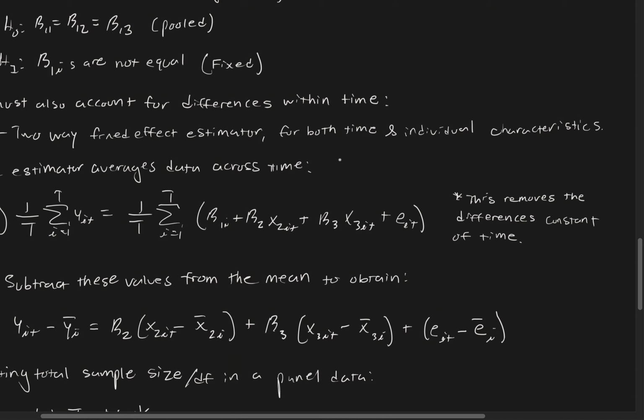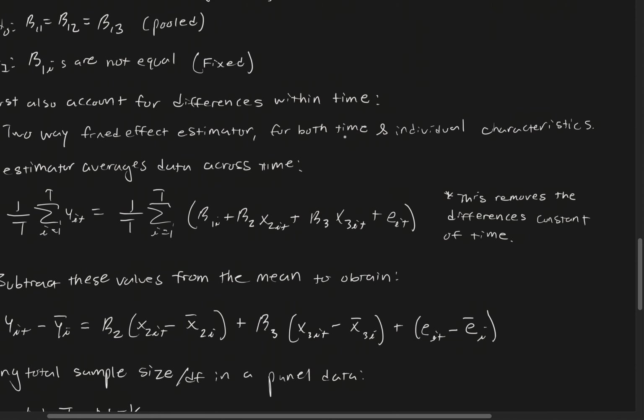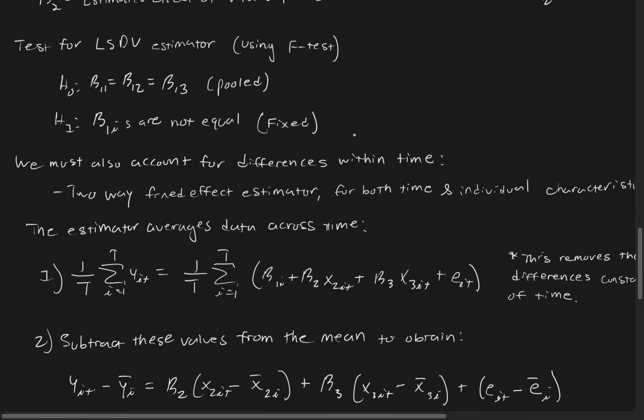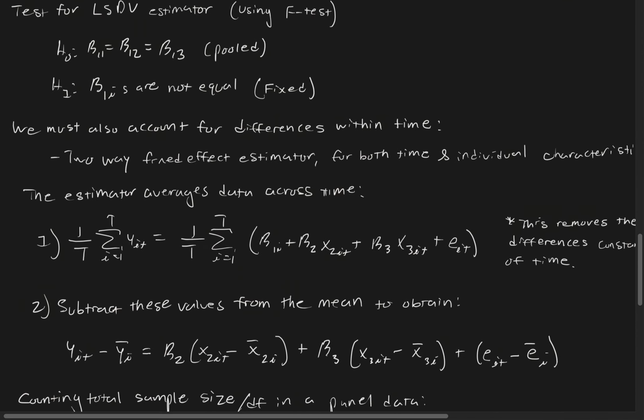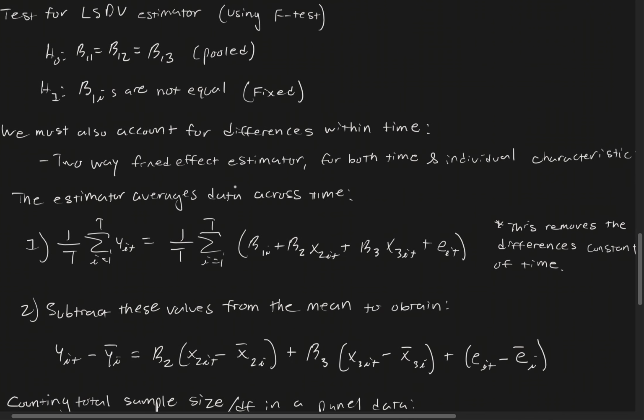Now, if we think there are both time and individual characteristics that might account for this data, that would not make it pooled data. So if there's gender, like male, which is a time invariant variable, and then grades, which is a time dependent variable, then we'll use the two-way fixed effects estimator, which accounts for both time and time invariant characteristics.